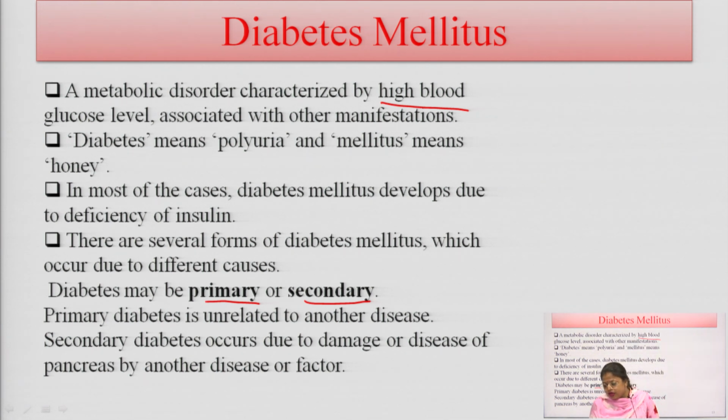And the second one is secondary diabetes, which occurs due to damage or any disease of the pancreas, which is not able to synthesize or secrete insulin, so that the normal blood glucose level is controlled with the help of this insulin.